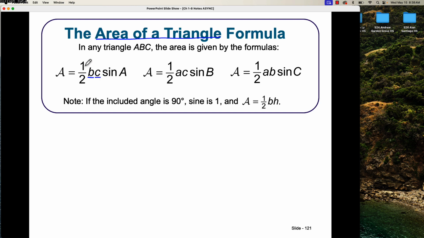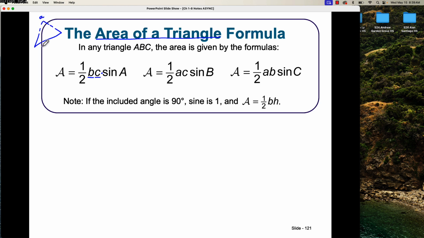So we're used to this already. 1/2 one side length times a different side length multiplied by sine of, and notice it's the capital A. So if we have lowercase b and lowercase c, it has to be sine of capital A. That is because capital A is the angle included in side lengths b and c. Here, I'll sketch that just really quick if you're wondering.